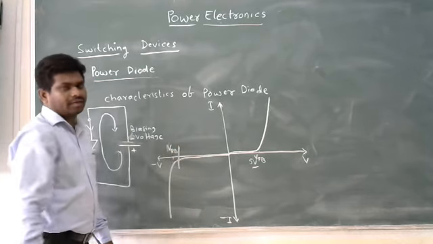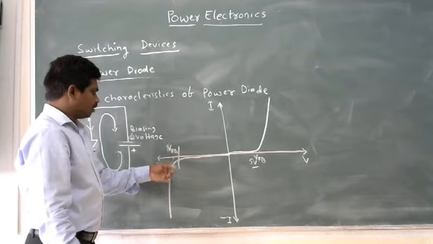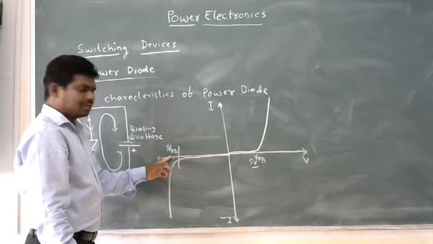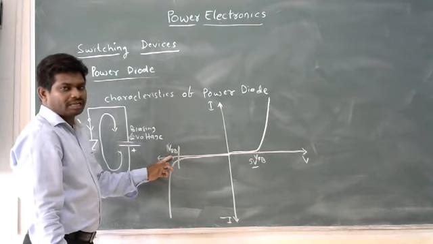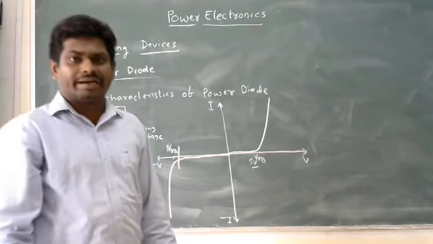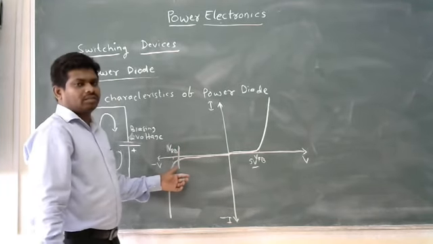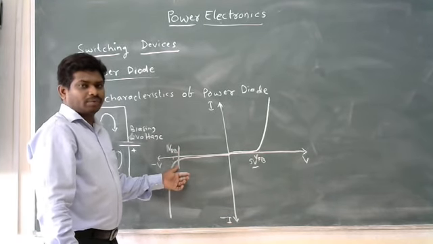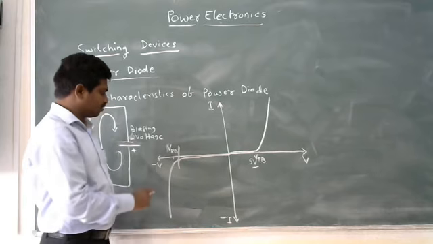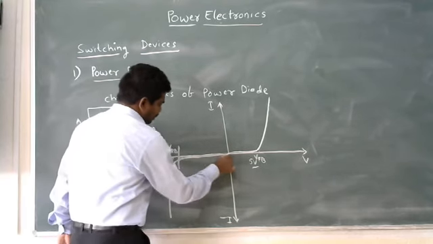Before this value only, we can stop the operation. Otherwise avalanche breakdown occurs, and the voltage we are applying across the device will try to damage the entire device. That's why don't try to apply reverse voltage across the diode, as it is going to damage the device. Look at this: during this process, we are getting some current values.